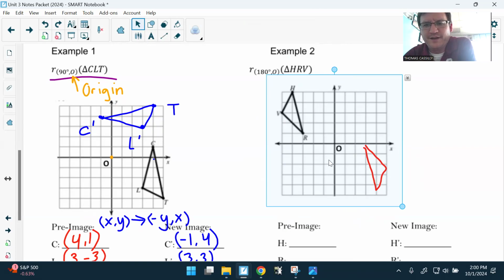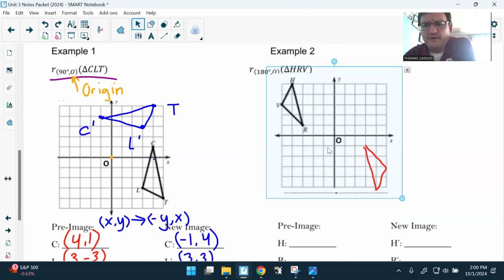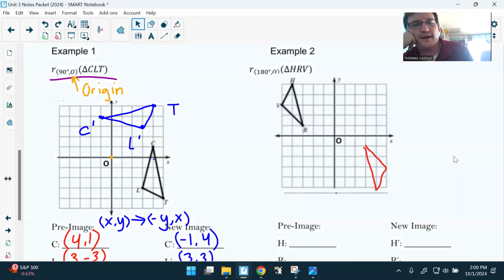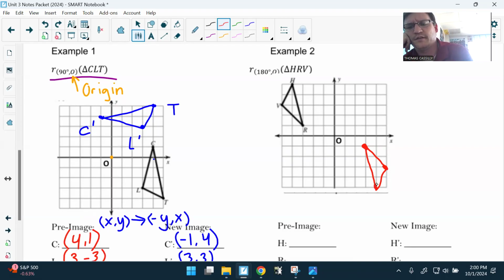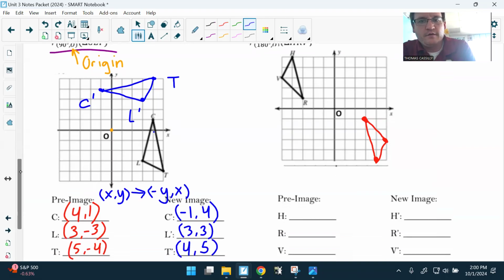Mine got a little bit off here, but it would be like that. So there are the points. If you want to just spin it and think about where those ordered pairs would end up in the first place, you can totally do that. So let's see here, I have H at 1, 2, 3, 4, -4, 5.